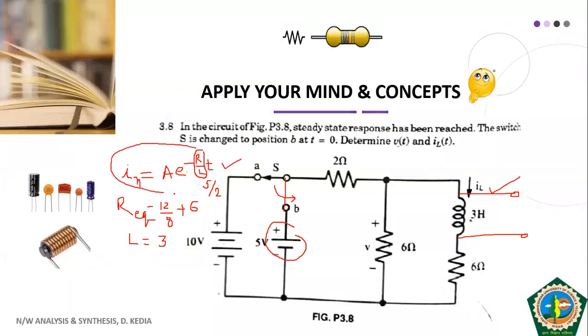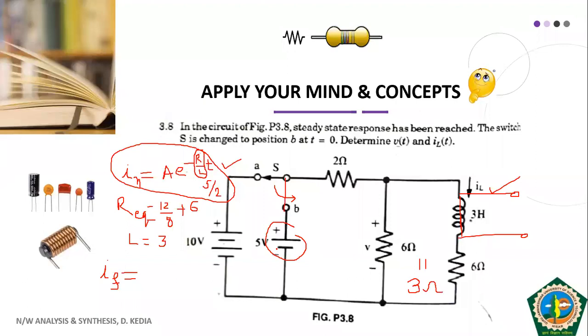Now we have to find the forced response, that is I F. For the forced response, we again assume the inductor to be a short circuit. If we do that, these two are again in parallel, and the equivalent resistance of these two in parallel comes out to be 3 ohm.